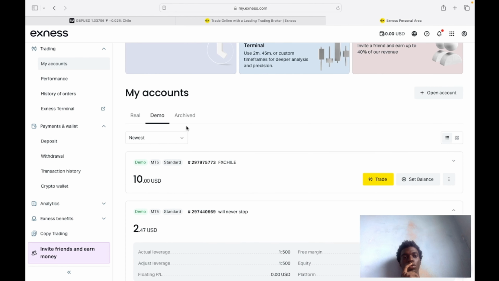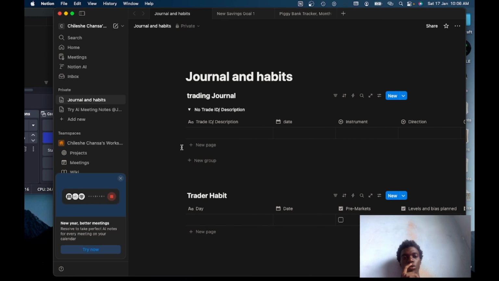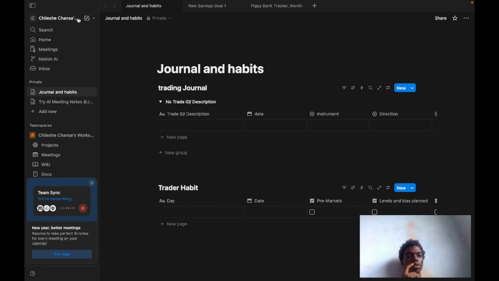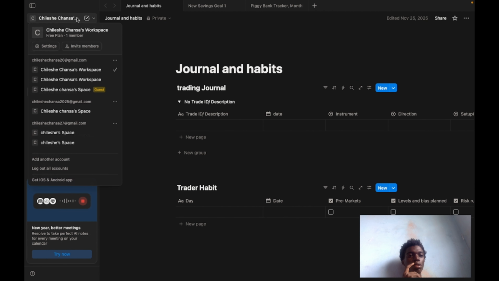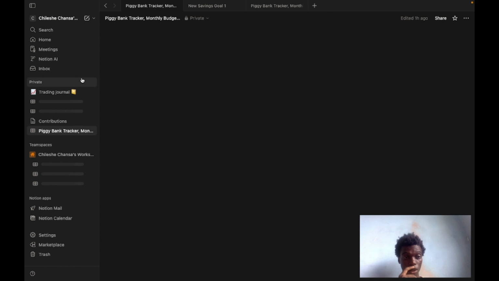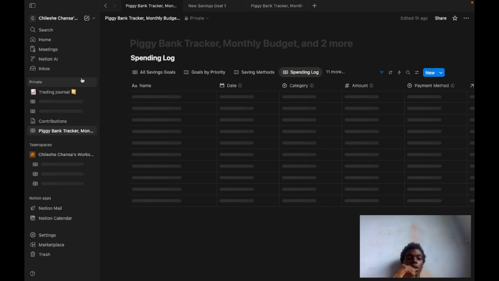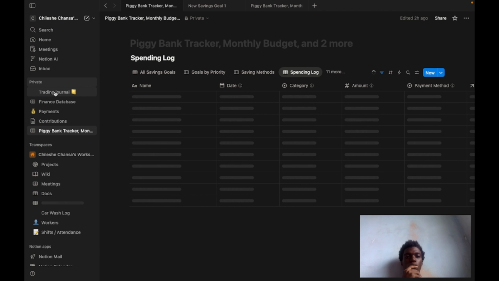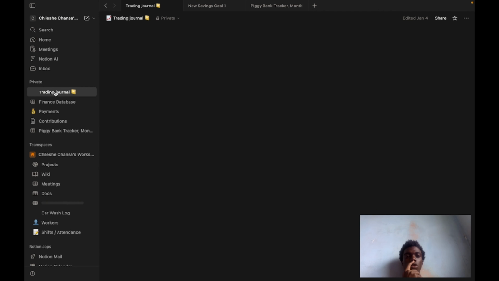Yeah, so I will have to show you my Notion template. Where is it? I have to show you my trading journal. Just give me full screen of this. Small workspace. I haven't finished making it, but I'm almost done with it. It's just a few things I have to tweak.